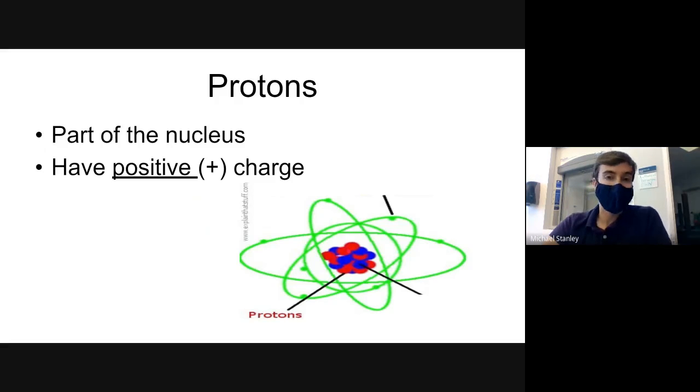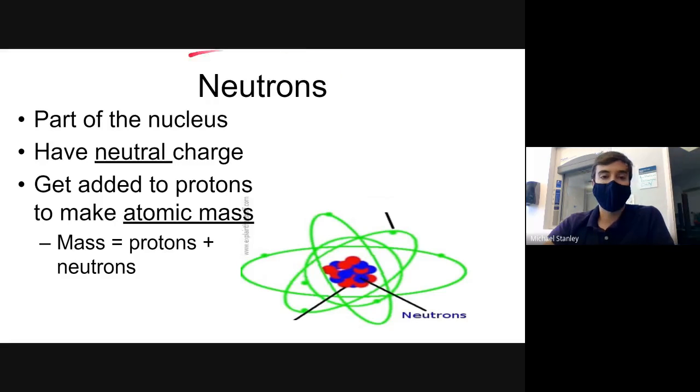The other thing that we have in our nucleus are our neutrons. So the neutrons are hanging out here in the middle of the atom, the nucleus as well. They're in blue in this particular picture. Neutrons do not have a charge.